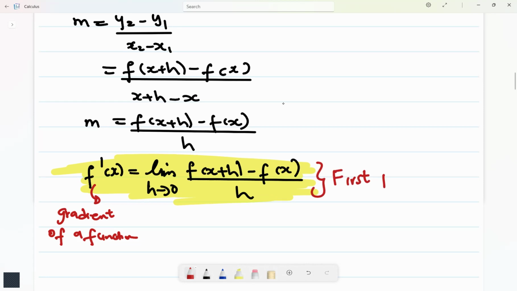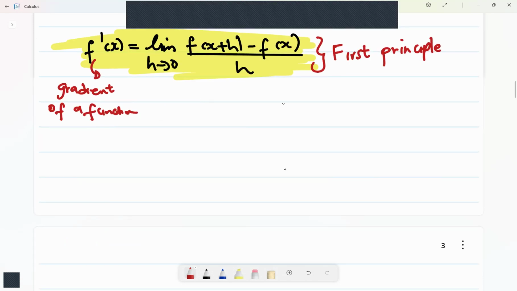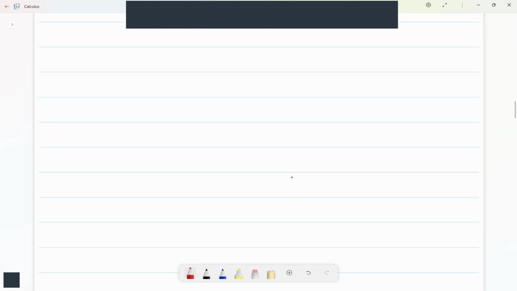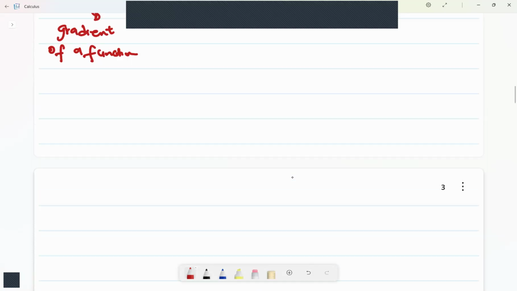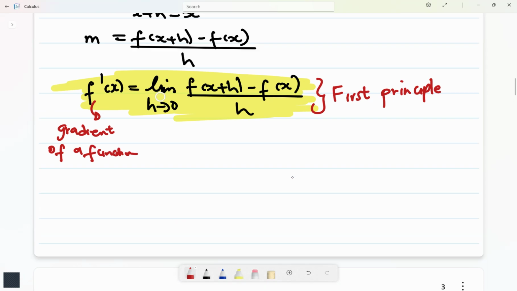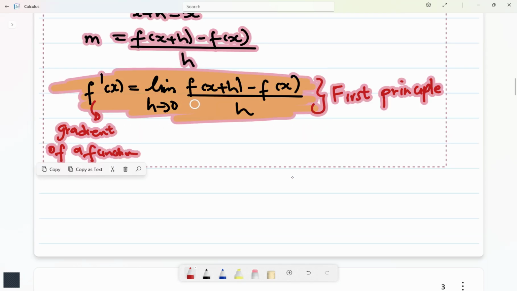Yes. So now let's be in a position of knowing how to use the derivative of a function. Now, I'm going to note down the formula so that you do not forget it.